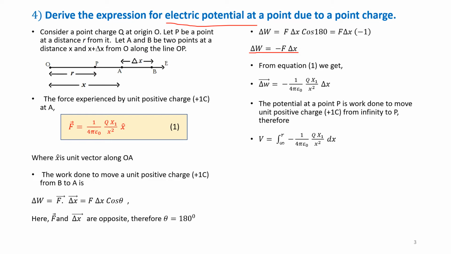So this delta x becomes dx here in this integral form. Therefore, that is equal to, taking all constants out, minus of Q divided by 4 pi epsilon naught into integral from infinity to r of 1 over x square.